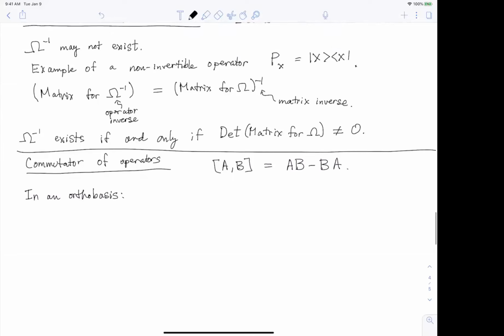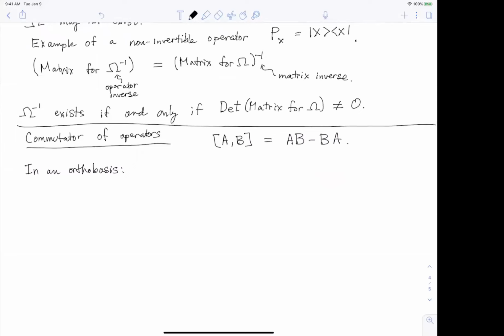we can write this in matrix form, right? So we can write that the matrix for the commutator of A and B is equal to the matrix for A times the matrix for B in the usual matrix multiplication, minus the other way around.